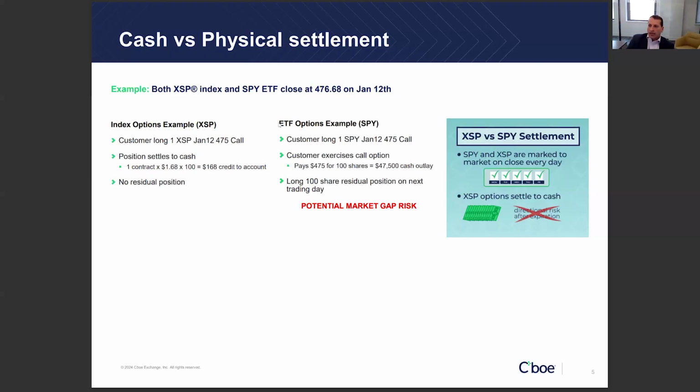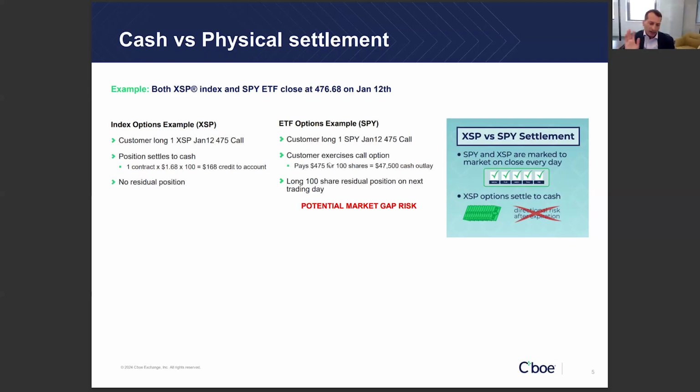When you look at the ETF options example, and SPY is just one example, you could think of any single stock or ETF that has physical settlement. If you're long that 475 call and the position expires in the money, again at 476.68, the customer will exercise their long call option.